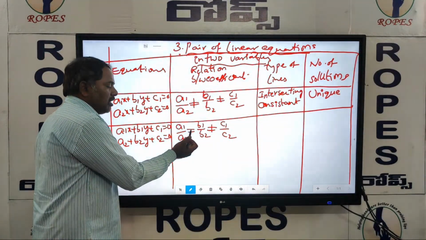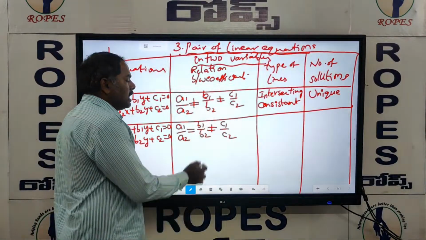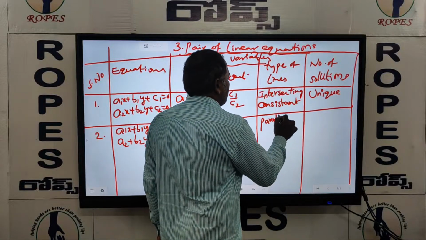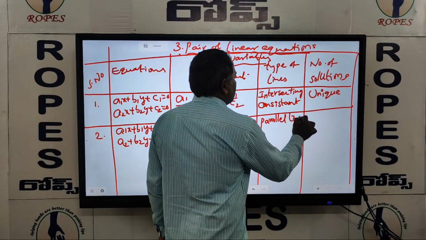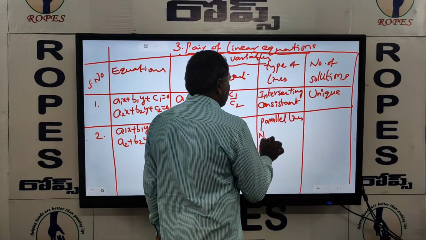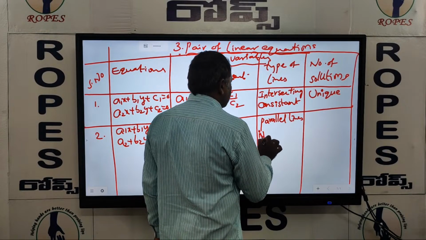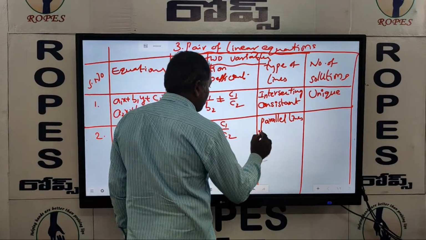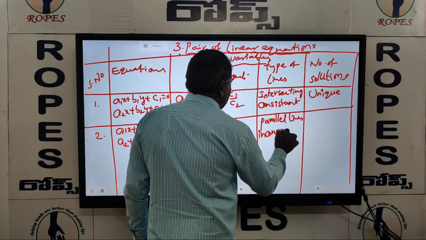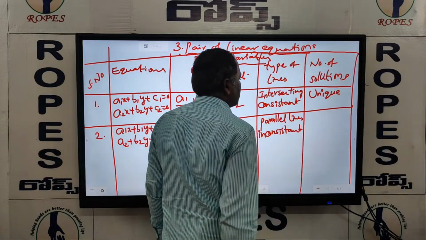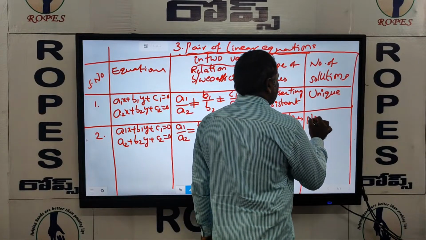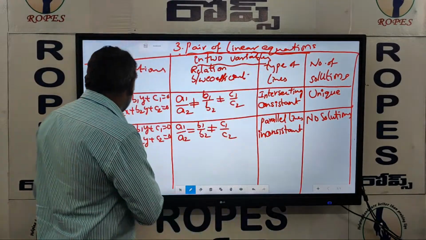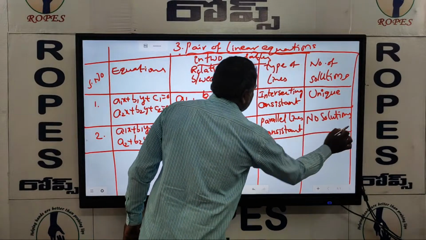Then the lines are parallel lines, and these are inconsistent lines. Then there are no solutions.